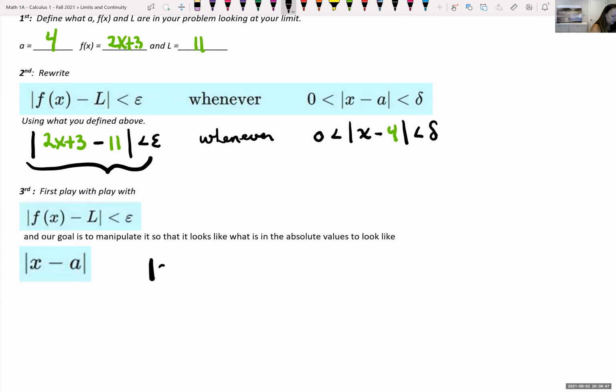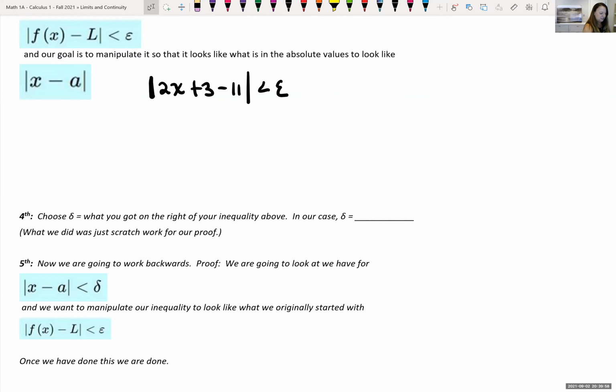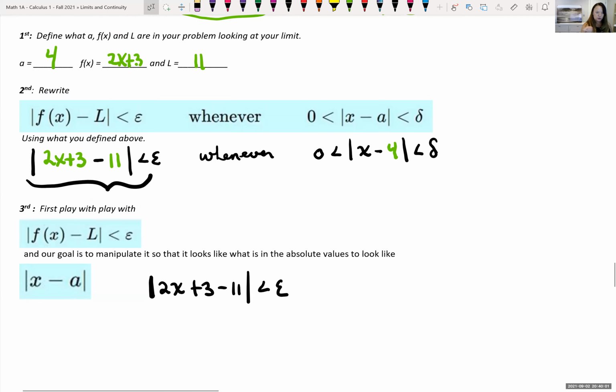So I have the absolute value of 2x plus 3 minus 11 is less than epsilon. Sometimes they're going to tell us what epsilon is, how close we want to get. In this case, it didn't tell us what epsilon is. So let's first simplify what's inside our parentheses. So we got 2x, well, 3 minus 11, so that's minus 8. That absolute value is less than epsilon.